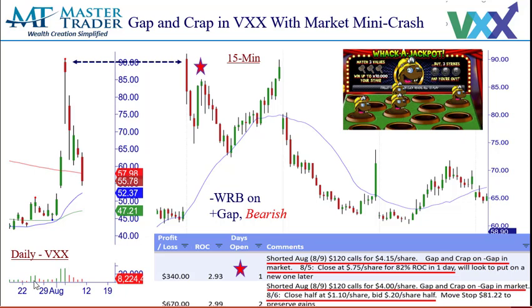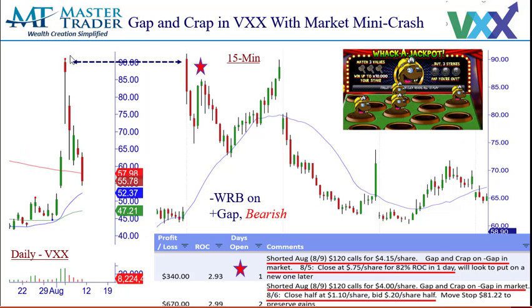So this is now the VXX, which is the Volatility ETF. The fund manager of this instrument has to create this fund by buying and selling and rolling the VIX futures contracts. I get into this in great detail in the volatility seminar that I referenced here for you.